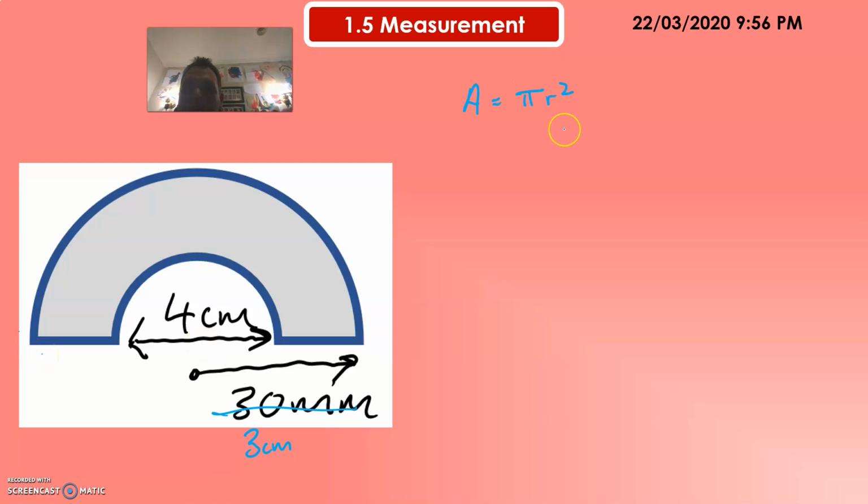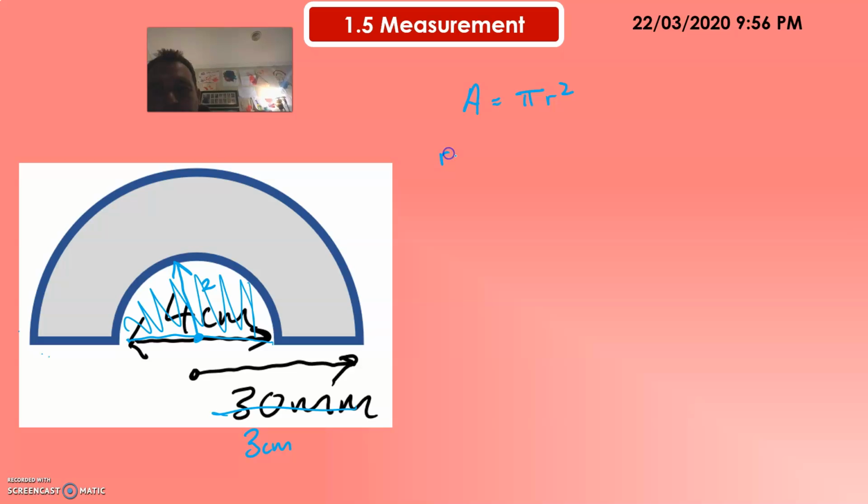Because our formula's got r in it, so the radius, we try to ignore the 4 here because that's a diameter. So let's work out what the radius is, which is 2. Alright, so if we can work out this area with a radius of 2 and take it away from the bigger area, which is 3 centimeters, we should end up with our answer.